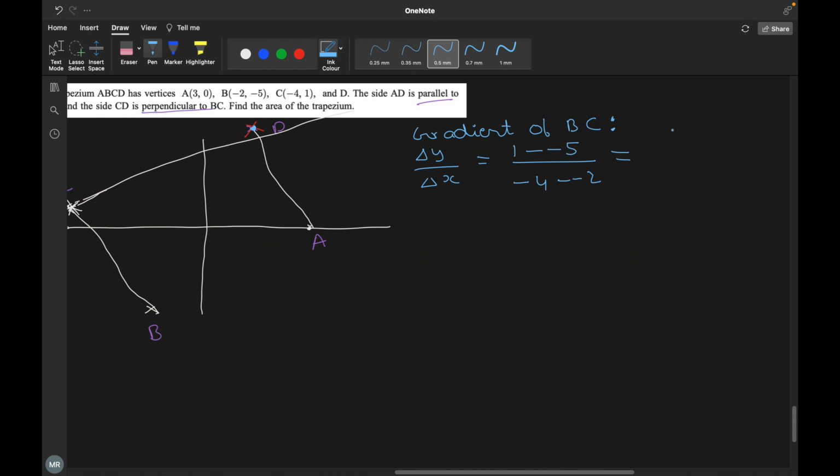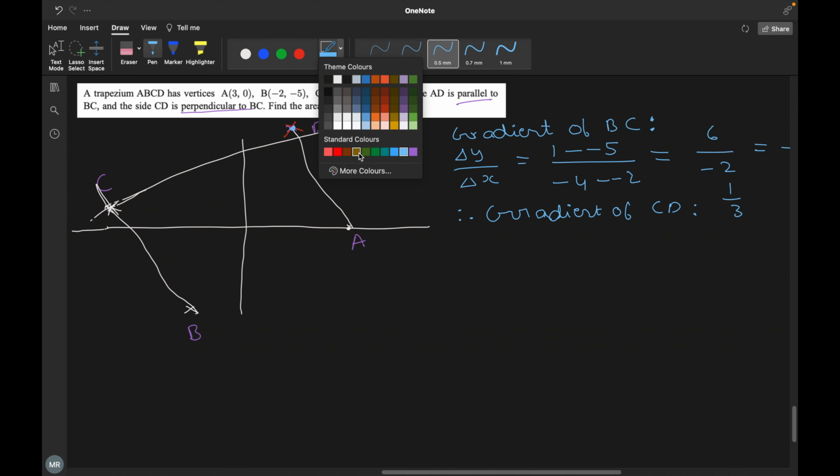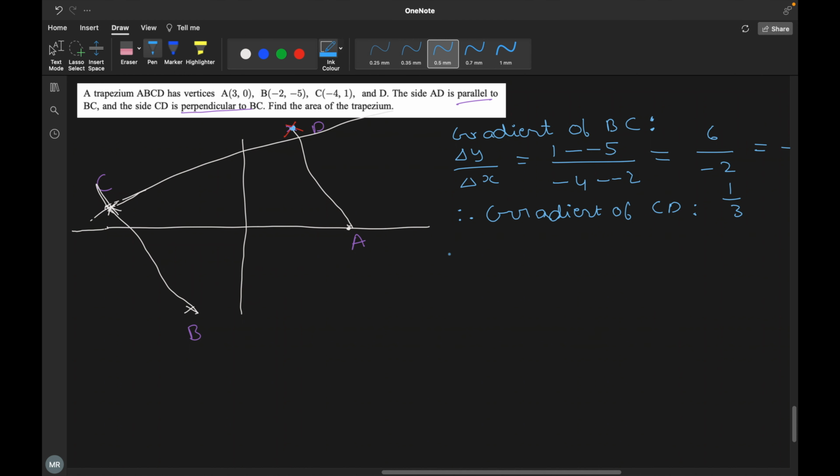This would be 6 divided by negative 2, which is negative 3. Therefore, the gradient of CD is the negative reciprocal, so it's going to be plus 1 by 3. And now let's find the equation of CD.